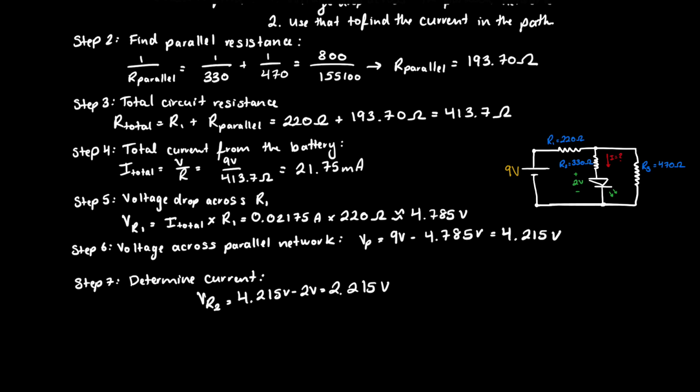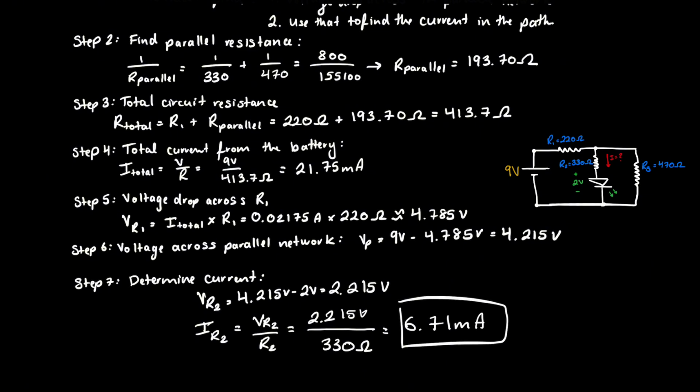Now, we can finally find the current flowing through R2, which is the same as the current through the LED. Using Ohm's law one last time, I equals V over R, which is equal to 2.215 over 330 ohms, gives us a final answer of 6.71 milliamps flowing through the LED branch.